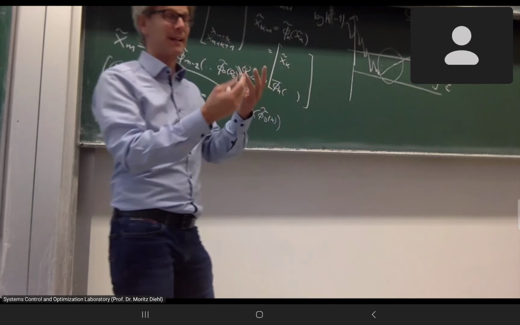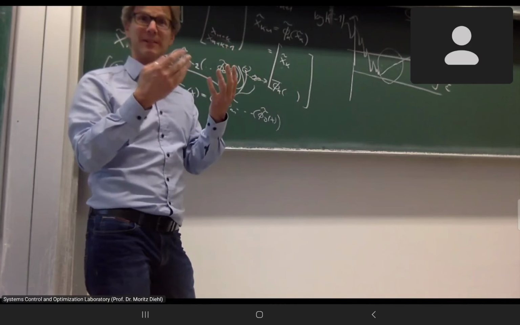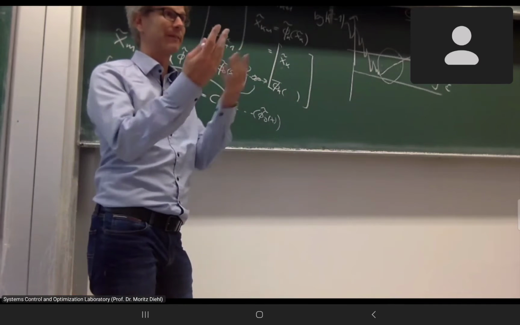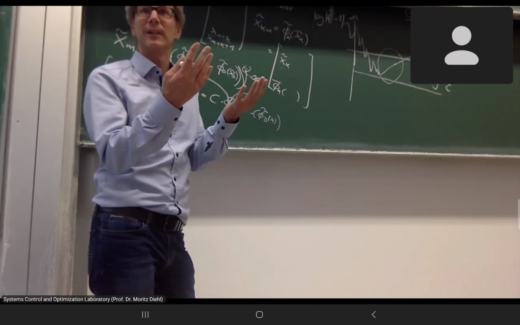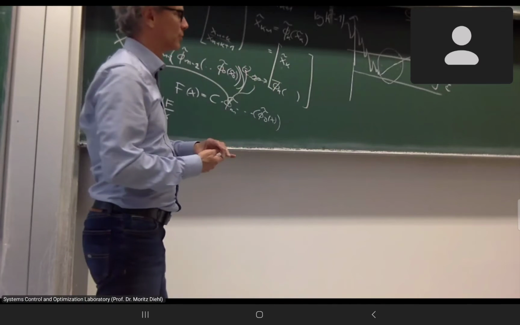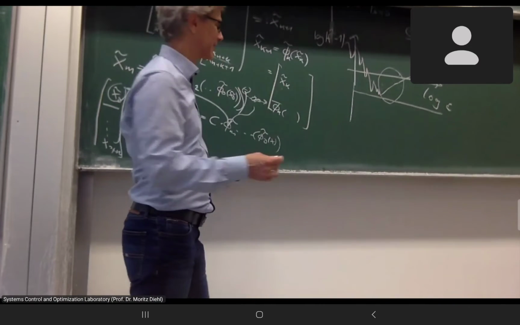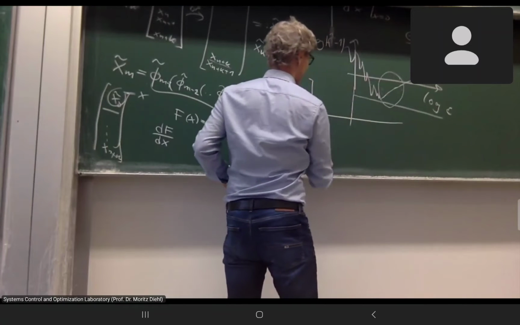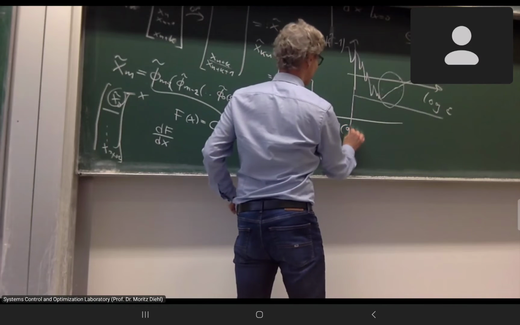And now I can work with the matrix-based chain rule, right? Are you familiar with the matrix form of the chain rule? Maybe I give it to you. It's relatively simple: f of g of x.